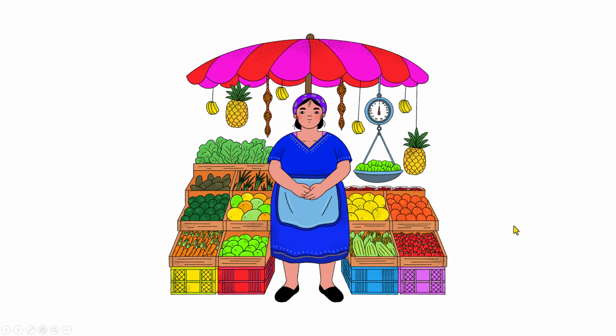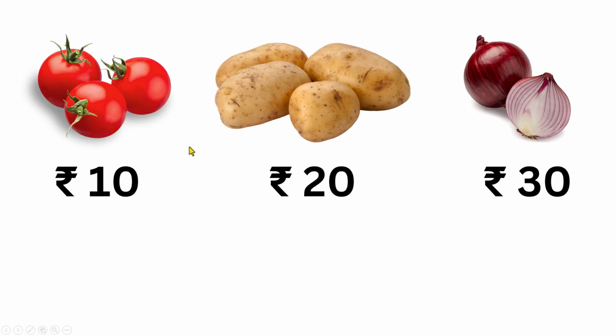Now let us say that you buy 1 kg of tomatoes, 1 kg of potatoes, and 1 kg of onion. And the price of these 3 vegetables per kg is given below.